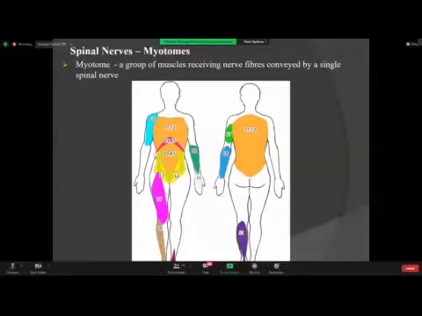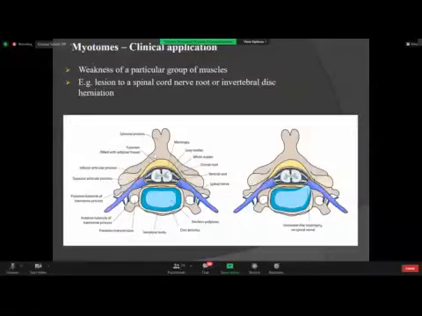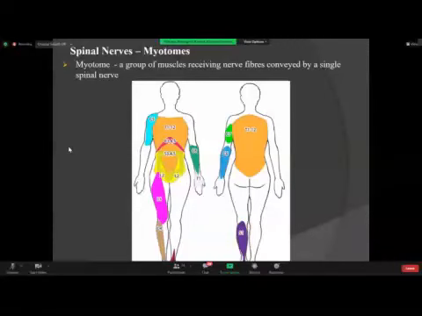Why does that happen? Sorry about that. The reason why this happens is that when the embryo is developing, the lungs are small, okay? So the nerve fibers from the cervical regions come in and hide underneath. Now, as in the diaphragm, rather, as the child grows, the diaphragm goes down.